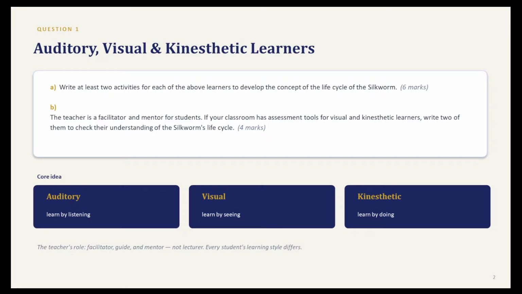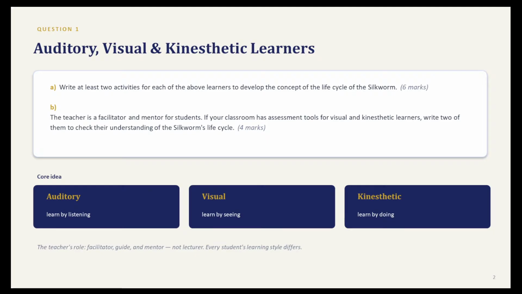In question number one, before planning any lessons, it is important to understand that students have different learning preferences. Some students learn better by listening, some by observing, and others by doing activities themselves.